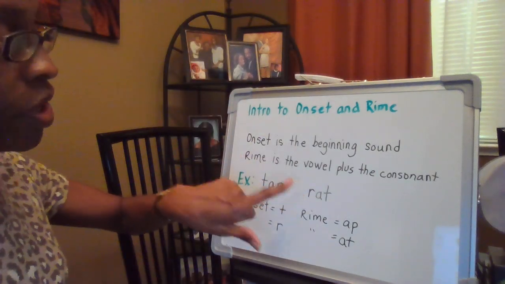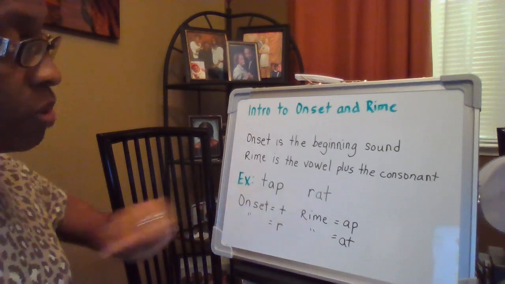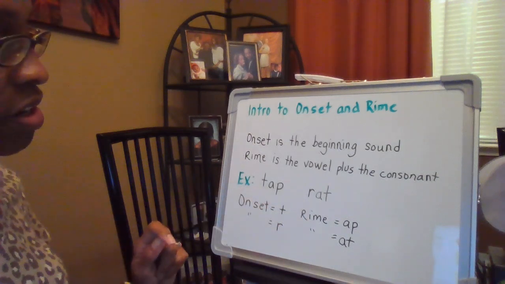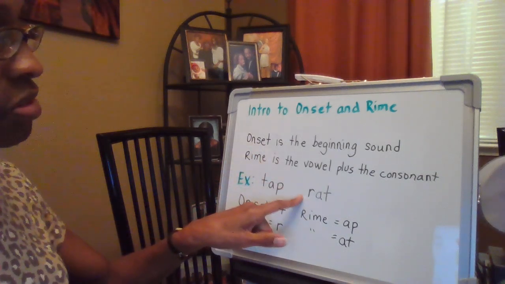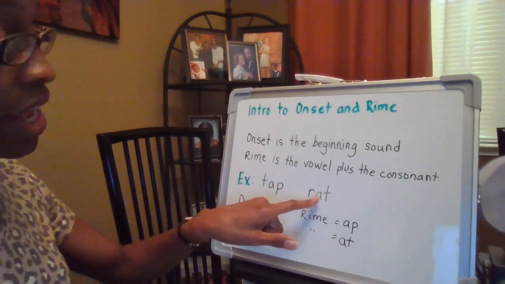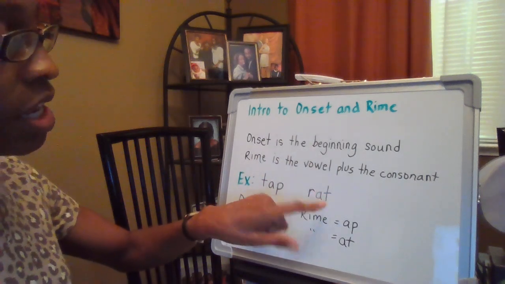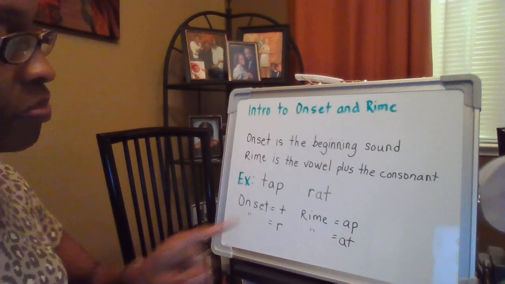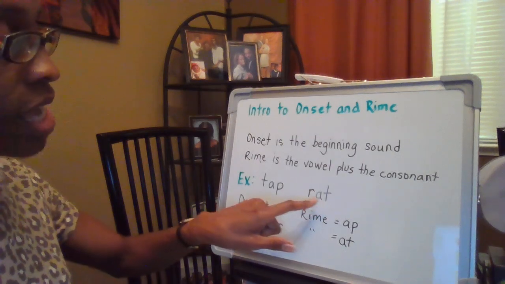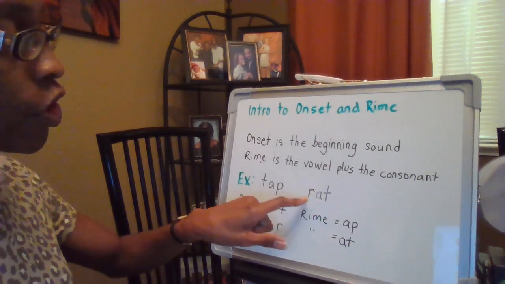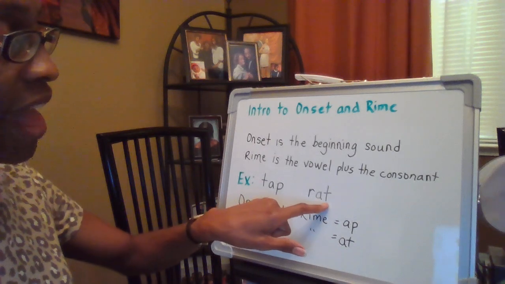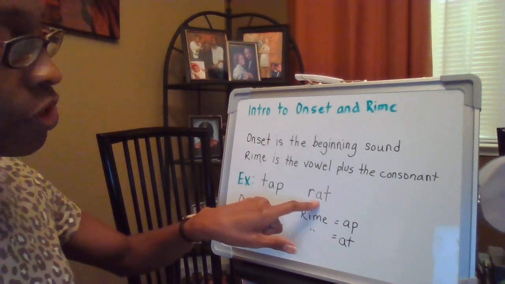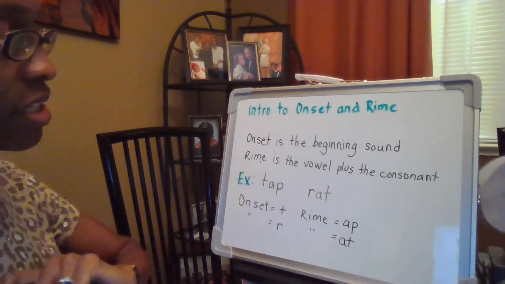Next word. The R would be your onset because it's the beginning sound. The vowel A and the consonant T will be your rhyme. At, rat.